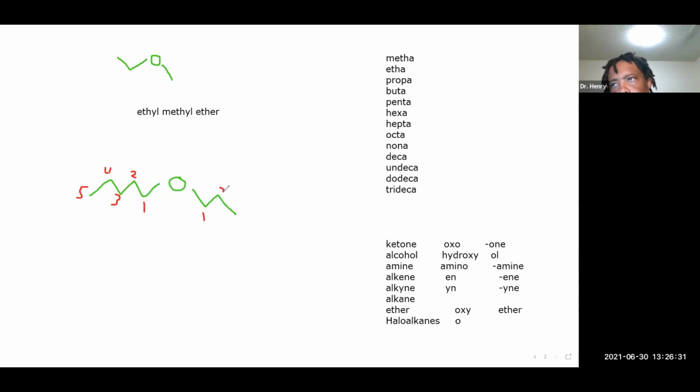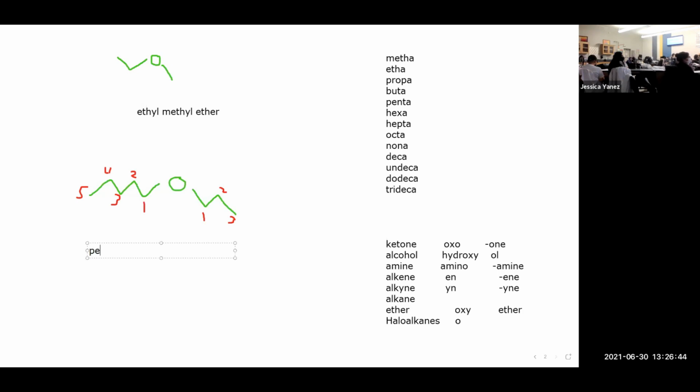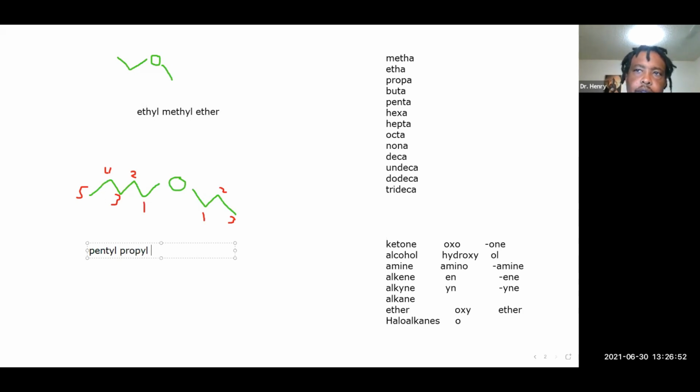And that's 1, 2, 3. I heard somebody say propyl. And then what is the 5 carbon? Penta. Thank you, penta. So it'd be pentyl propyl ether. Simple.